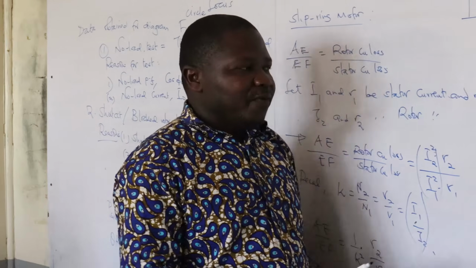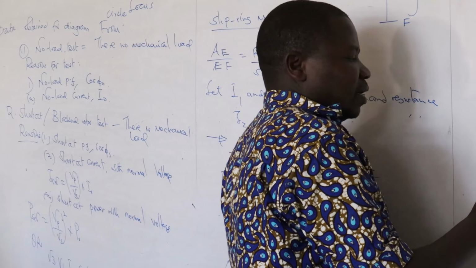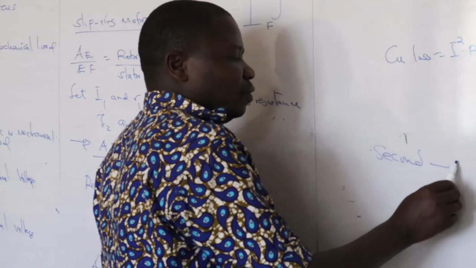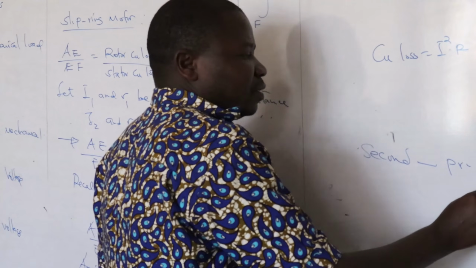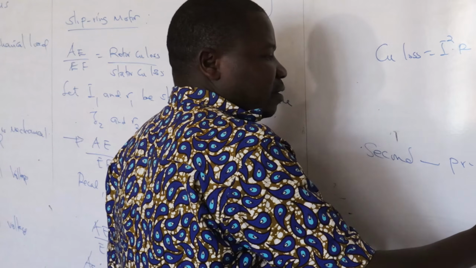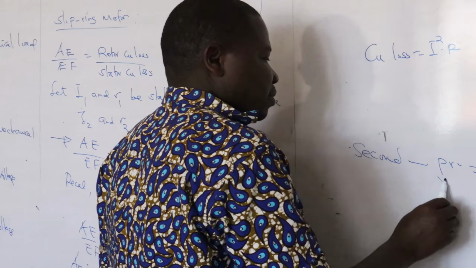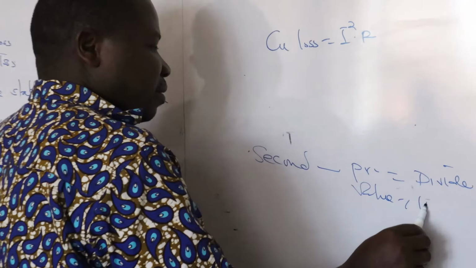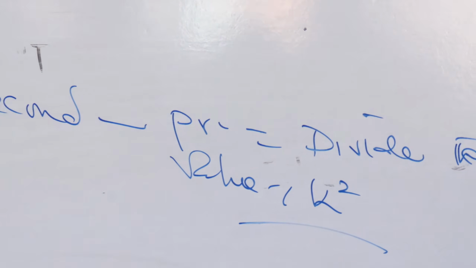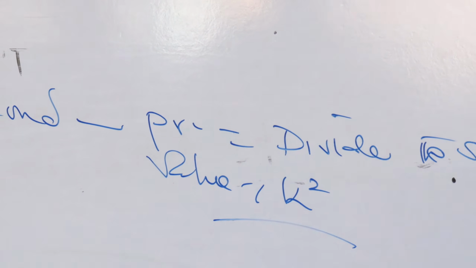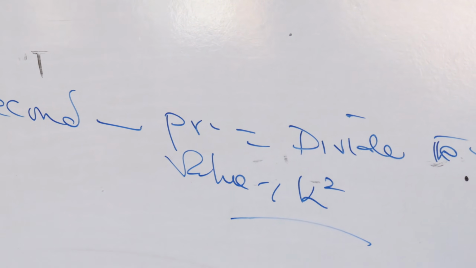When you transform values from secondary to primary, divide the secondary values by what? By K squared. This is the law of impedance. I think I mentioned it before.